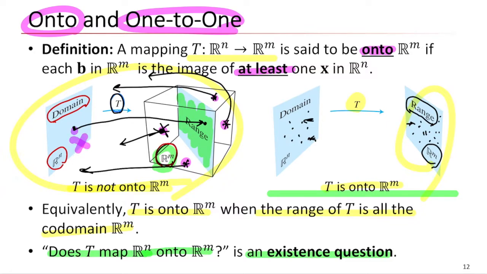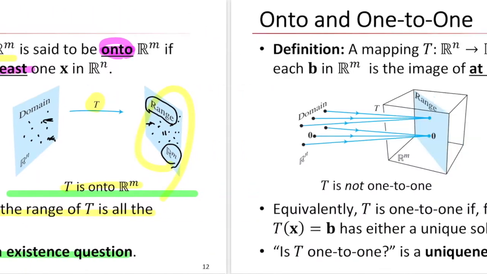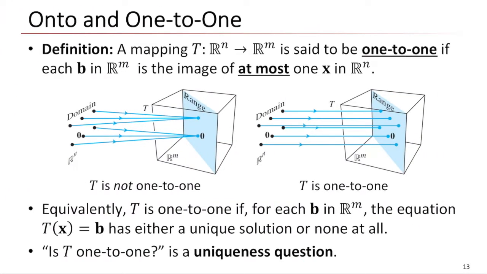Let's say this is x, this is b. If we want to solve Ax equals b, there is no solution, because no vector x can be mapped to this arbitrary point b. So the concept of onto is related to the existence question. The second definition is one-to-one.